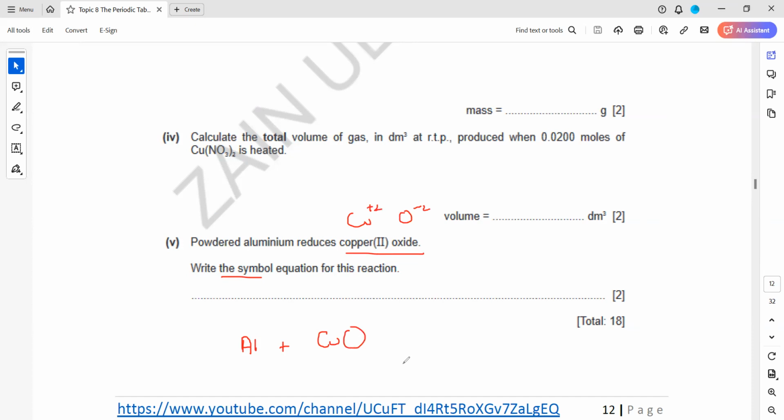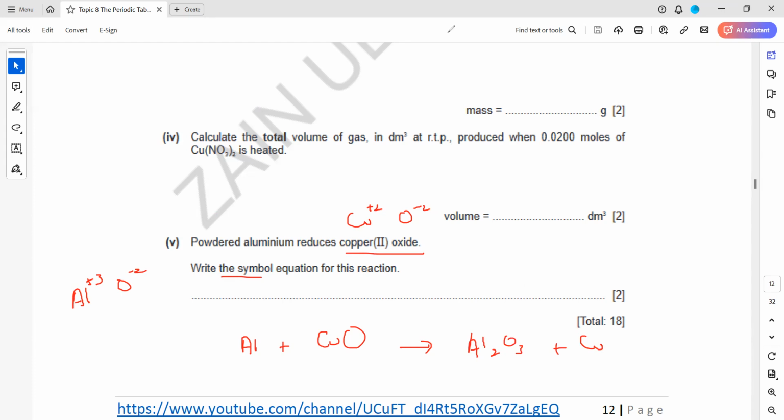So copper oxide will be CuO. As a result, because it is reduced, oxygen is removed, and it will produce aluminium oxide. What is the formula for aluminium oxide? Aluminium is +3 and oxygen is -2, so aluminium oxide will be Al2O3, plus the copper that is removed.